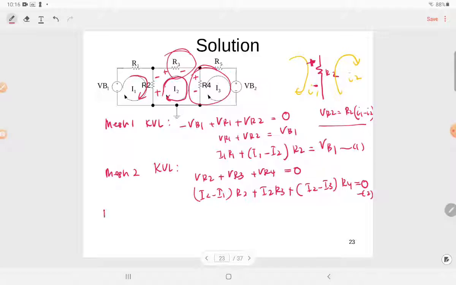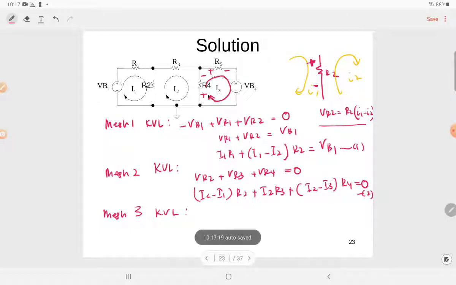Next we do the mesh analysis for mesh 3, applying KVL. At mesh 3, the current flowing is I3. The voltage drop due to I3 has plus and minus signs across each resistor. Our KVL equation is given by VR4 plus VR5 plus VB2 is equal to 0.